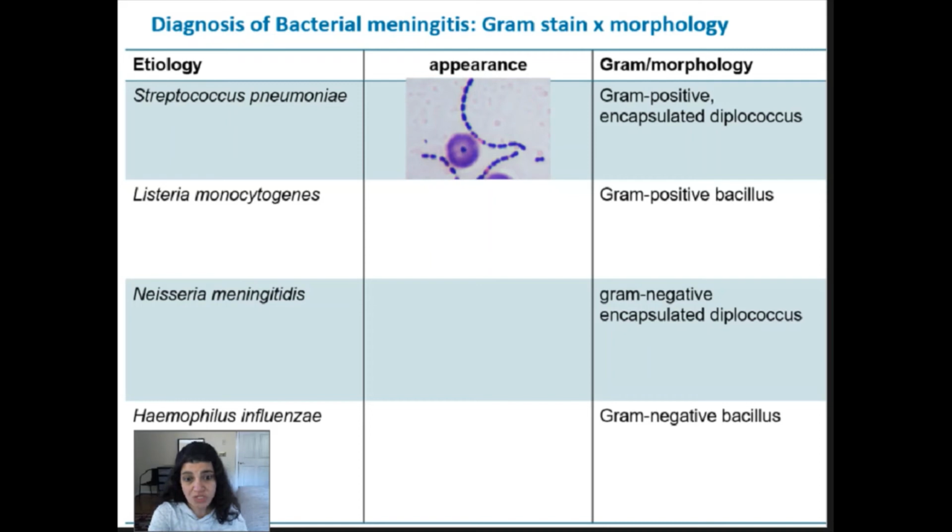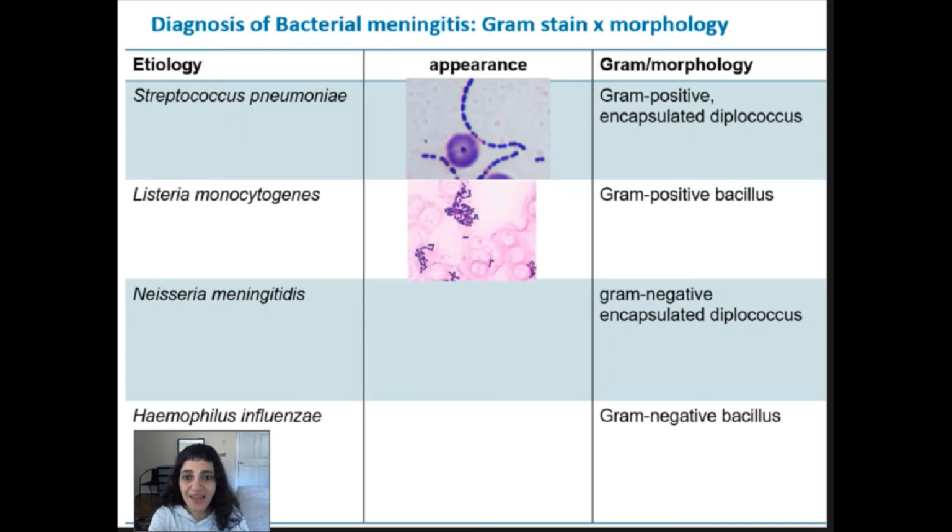It's so simple because you just spread the bacteria from the cerebrospinal fluid on a slide, fix it, do a gram stain, and you're really close to the final diagnosis. So if it is Streptococcus pneumoniae, you know that they are diplococci, purple, gram-positive, right? This is what is shown here.